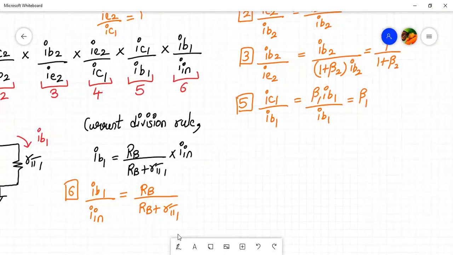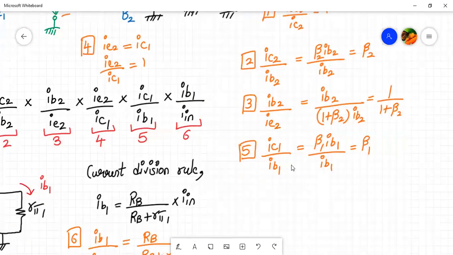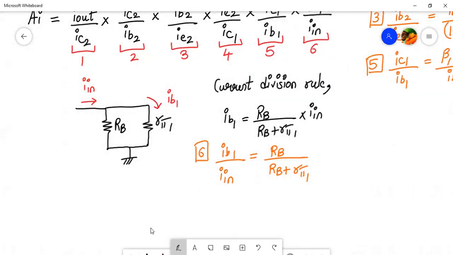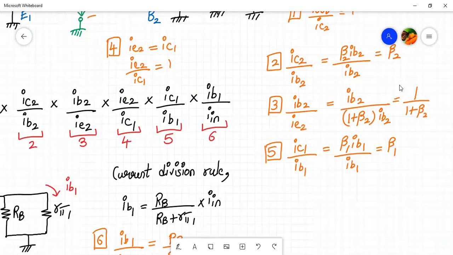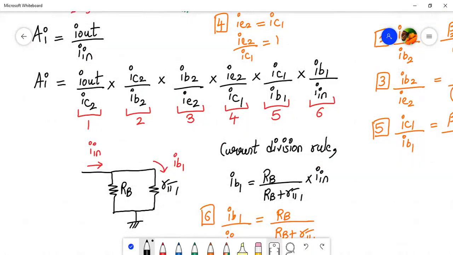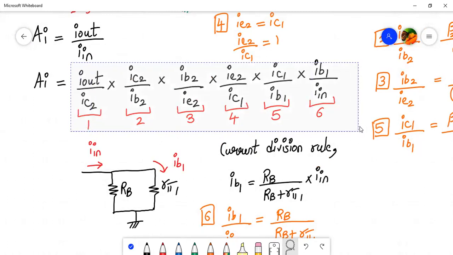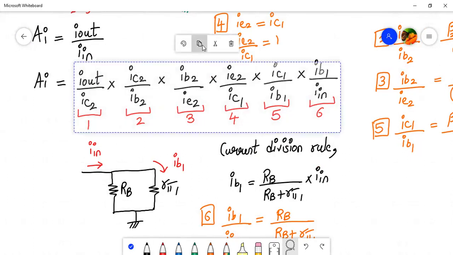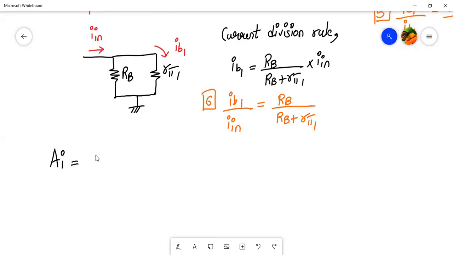Let me add over here only. Let me rewrite the expression of AI here once again. So AI will be equal to the first term. What is the first term over here? The first term is 1, right? Let me rewrite this entire expression again, just for simplicity, so that everything will fall in place.